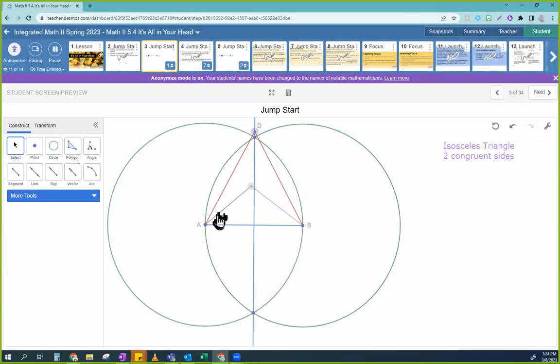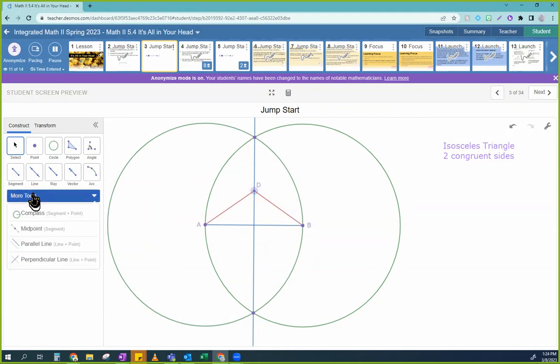And I can actually prove that this is not an isosceles triangle by using my compass tool, right? This is one length here, right? I need to undo that because I want to move it. See how this is the radius? AD is the radius.